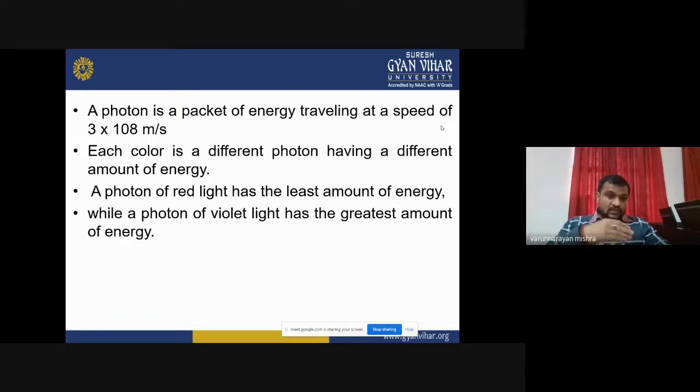The violet spectrum of the visible portion of electromagnetic radiation has a higher tendency to release energy with high intensity, while a photon of violet light has the greatest amount of energy.